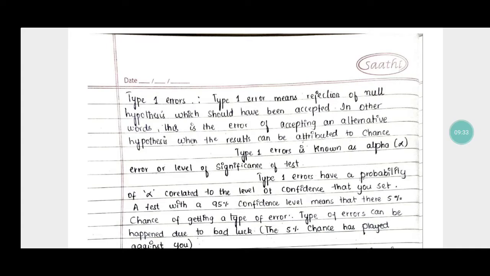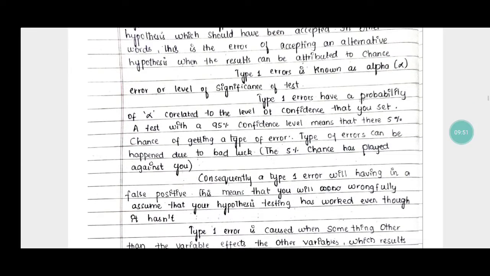In other words, this is the error of accepting an alternative hypothesis when the results can be attributed to chance. The type 1 error is known as alpha error or the level of significance of the test. Consequently, a type 1 error is a false positive.